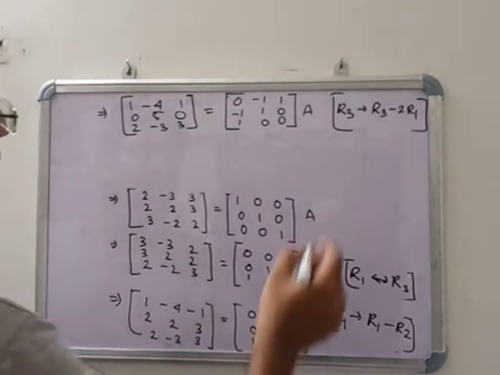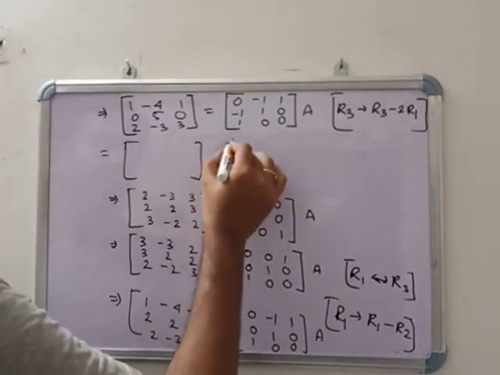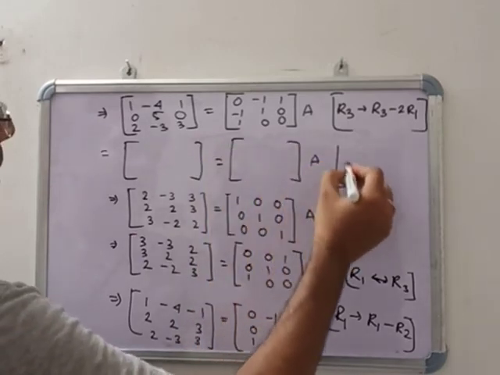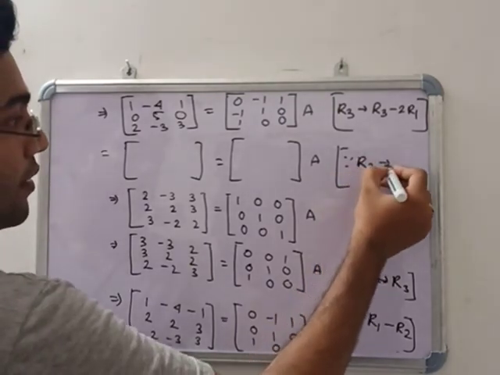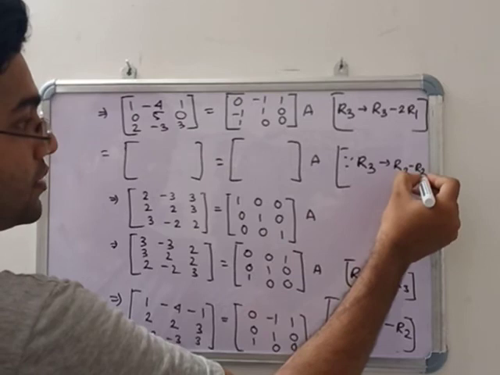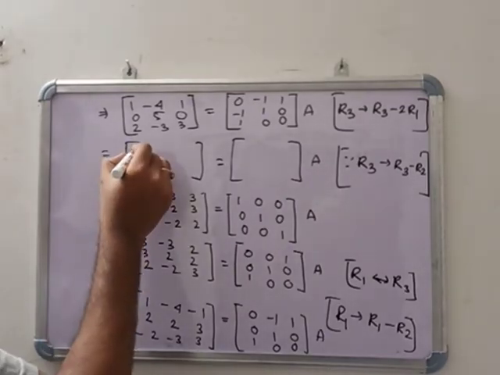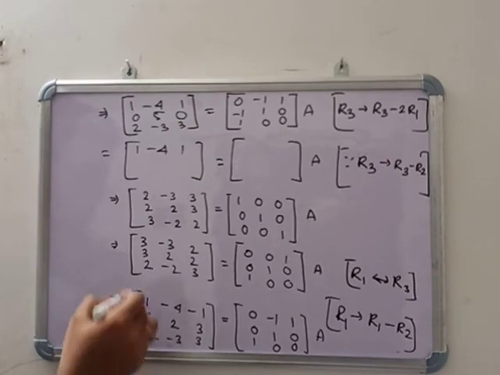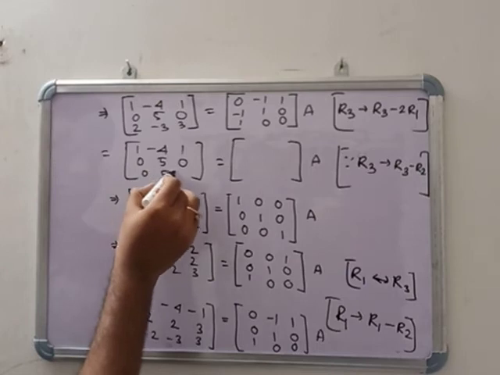Now, similarly applying R3 minus R2, R3 minus R2, that means 1 minus 4, 1, 0, 5, 0, 0, 5, 5.